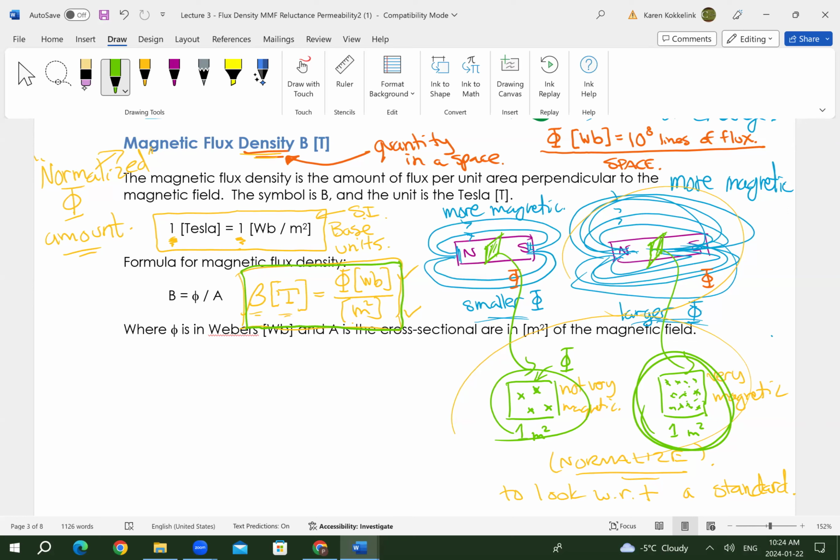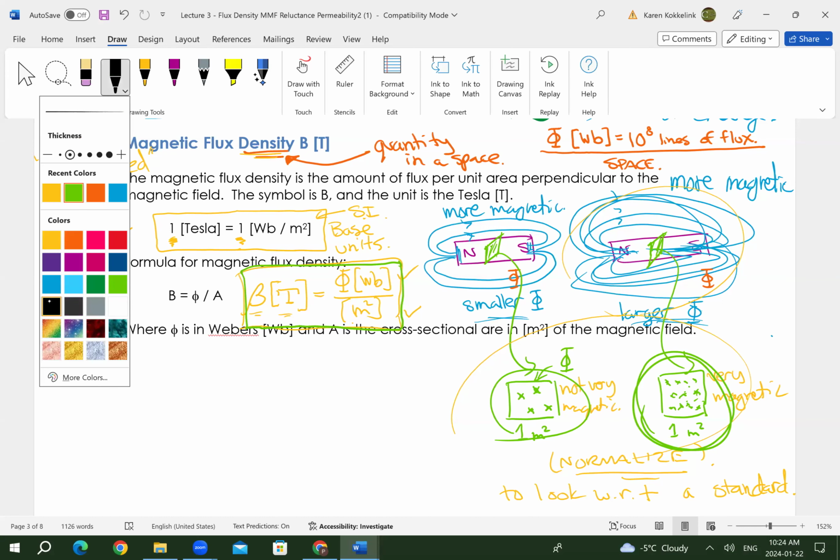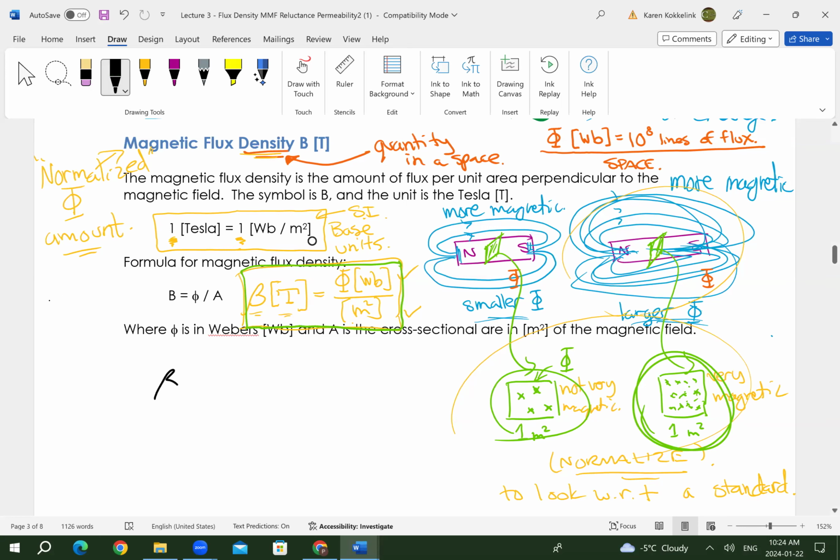So now we know a couple of things. I'm just going to summarize here. If I were to write this on sort of a formula sheet, I would say beta is magnetic flux density, which is normalized magnetic flux lines per unit area.